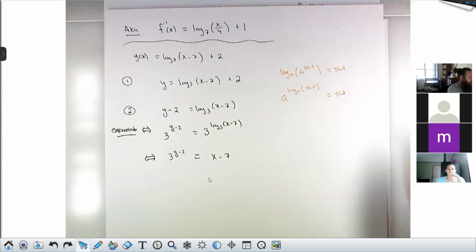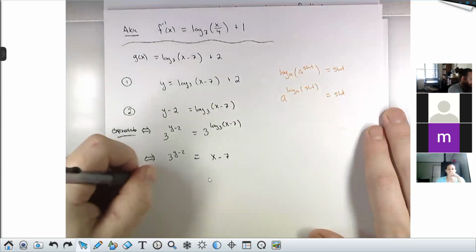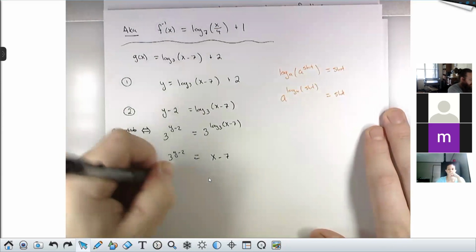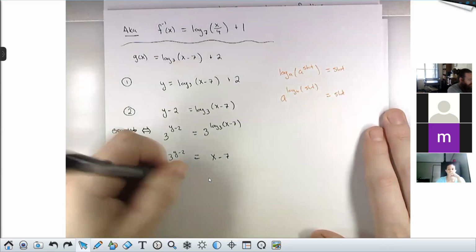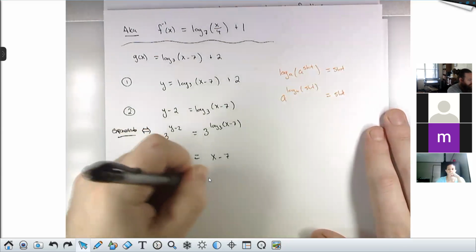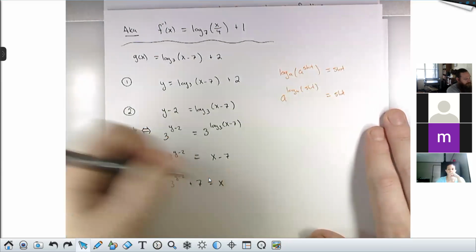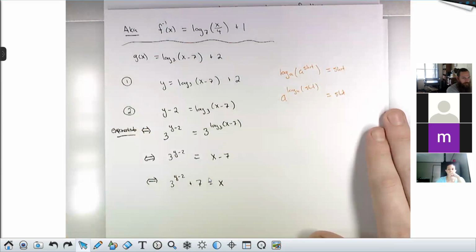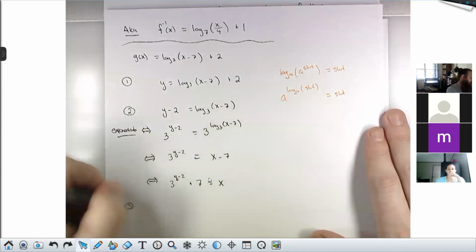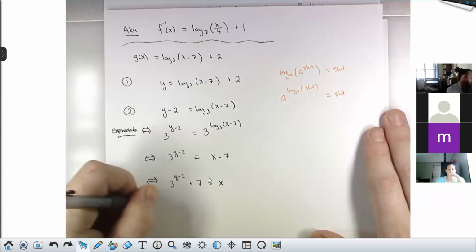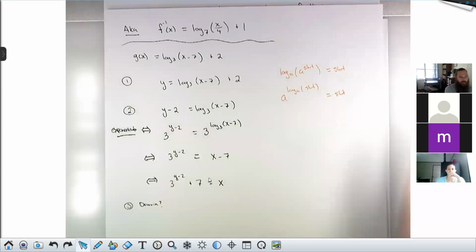But now we're pretty much done. We just have to add 7. So I have 3 to the y minus 2 plus 7 equals x. And now we can think about domain stuff. There's really no domain stuff to worry about, again, because we're not playing that game where you have to restrict domains. We did talk about that, but it's not something you guys are required to do anymore in this class.